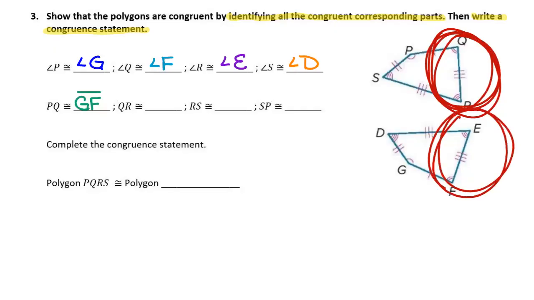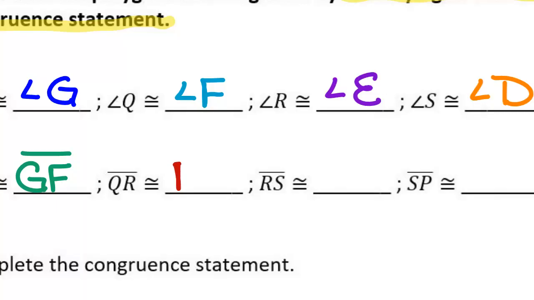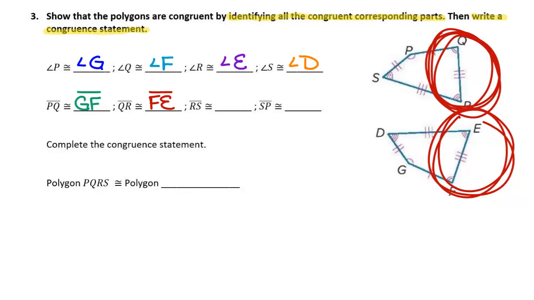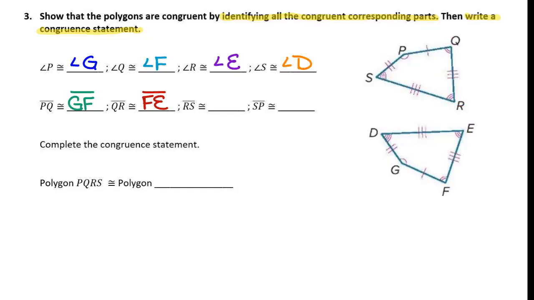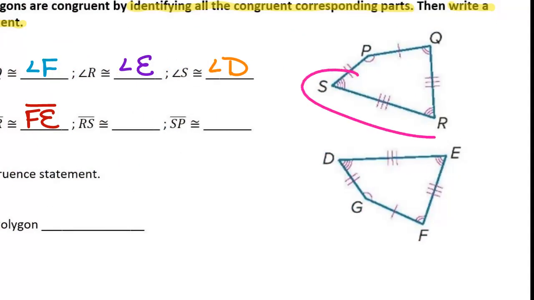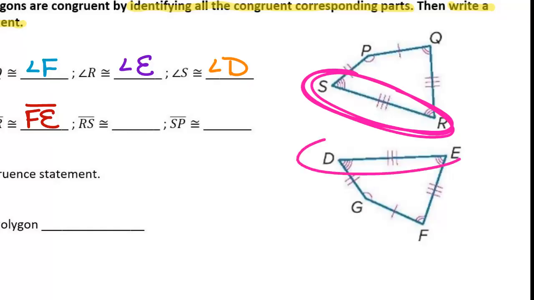Segment FE or EF. Nicely done so far. What about RS? DE, right here, three arc marks, three arc marks.